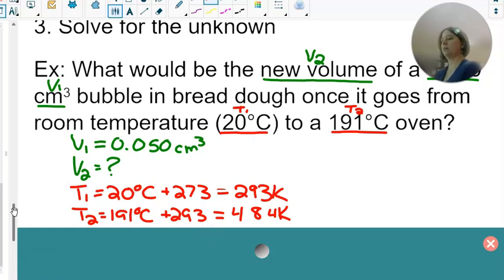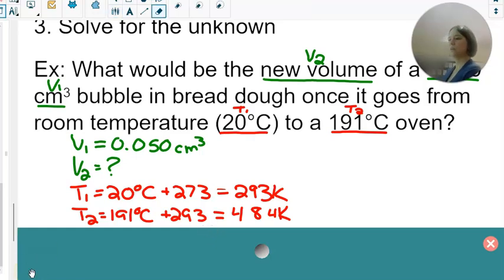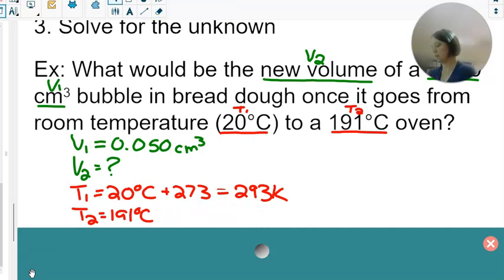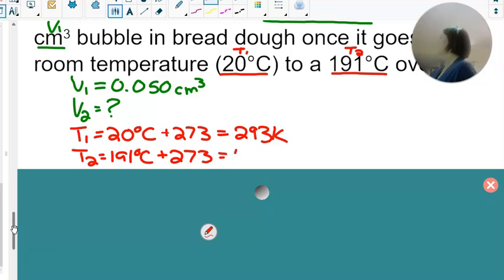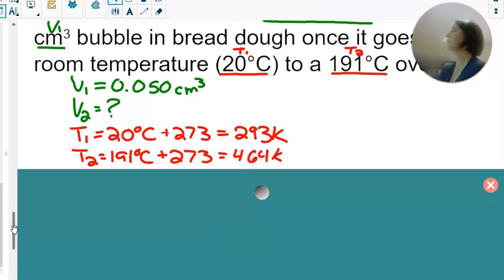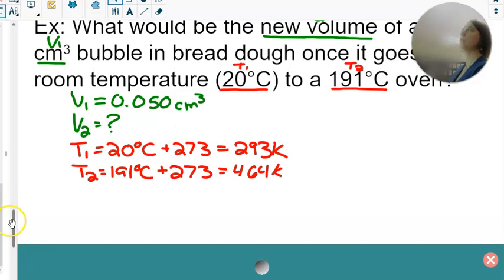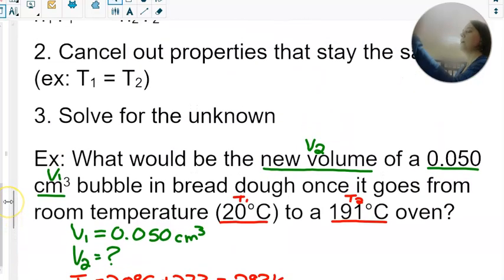Let me double check that. Good thing we double checked, because 293 is not our conversion, that's the answer from above. So T2 equals 464 Kelvin.